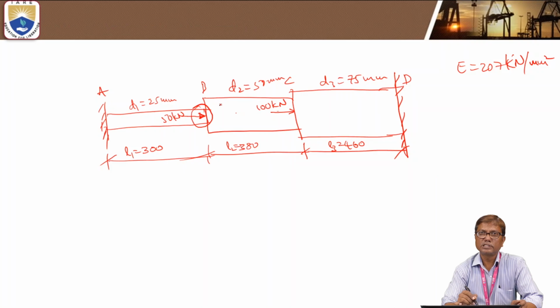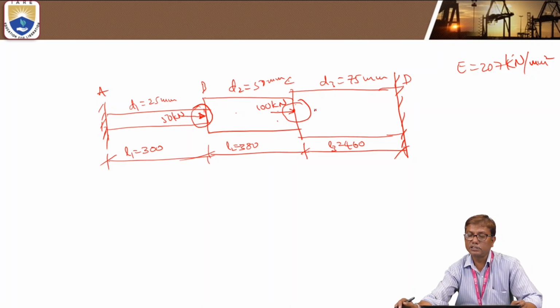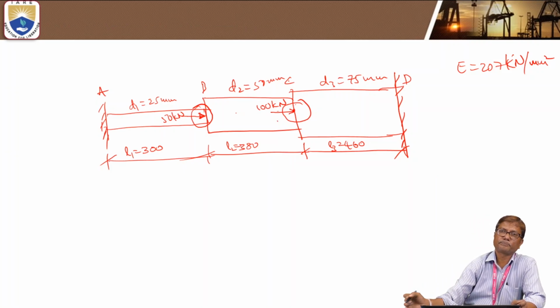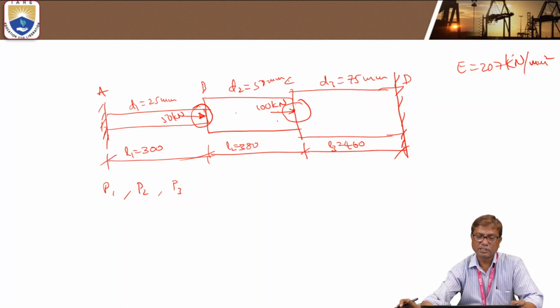Similarly, the 100 kilonewtons load applied at C is shared among the members CB and CD. So let P1, P2 and P3 be the forces in portions AB, BC and CD.